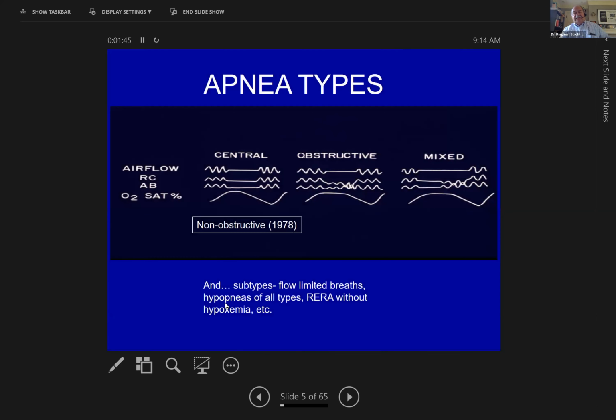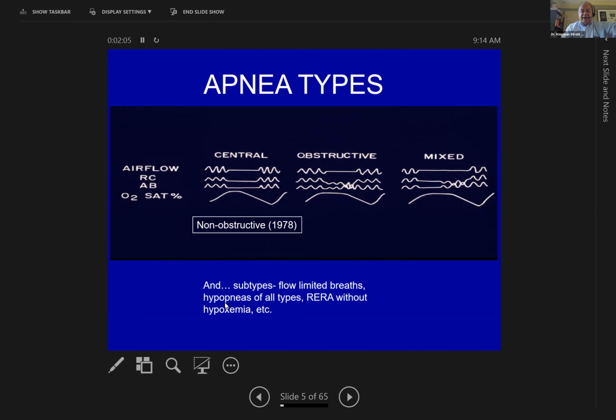Okay. Apnea types. Central apneas, in the 1980s, we called them non-obstructive apneas, mainly because central apneas tend to imply that it's all a brain function. And as you'll see, I think it's all brain anyway.